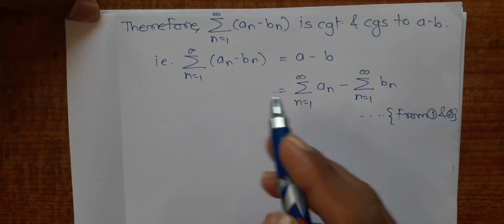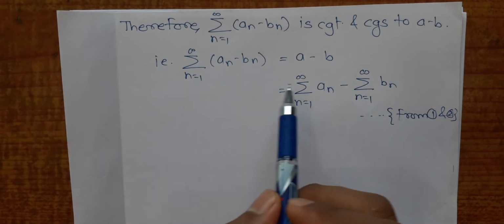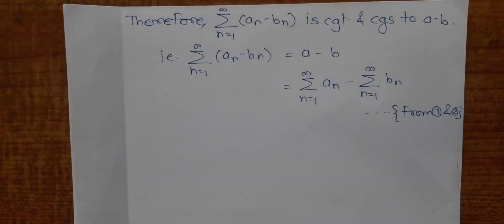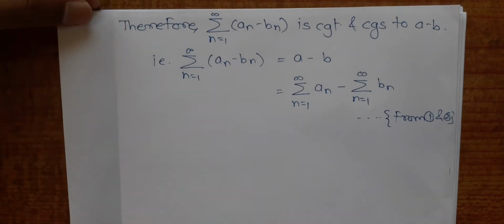So in this way we have proved this series is also convergent, and in the case of summation you can take separate summations. So we have proved the second sub question also.